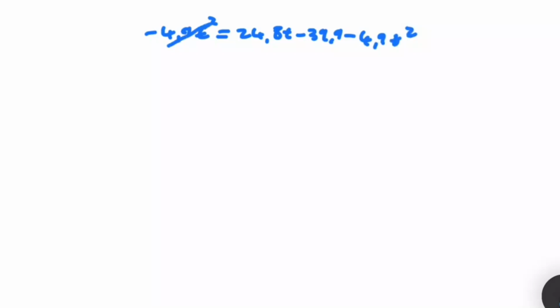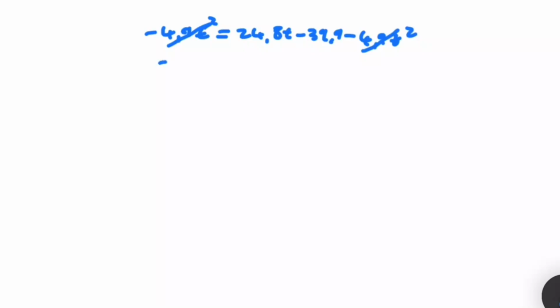Now we can go ahead and equate equation 1 and 2. If we do that, we're going to have minus 4.9 t squared equals 24.8 t minus 39.9 minus 4.9 t squared. Obviously, minus 4.9 t squared and minus 4.9 t squared will cancel out when you take either to one side.